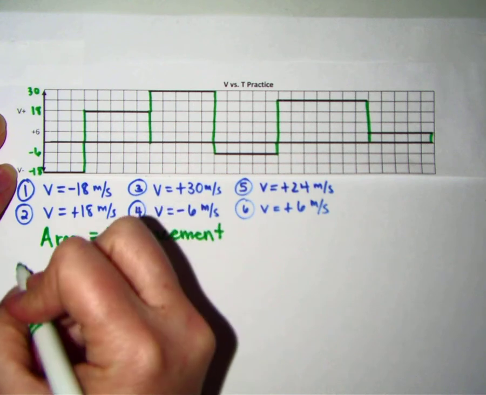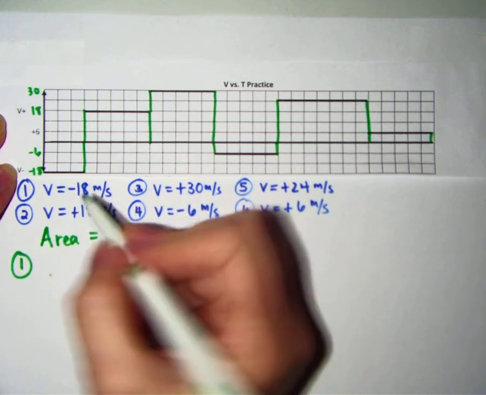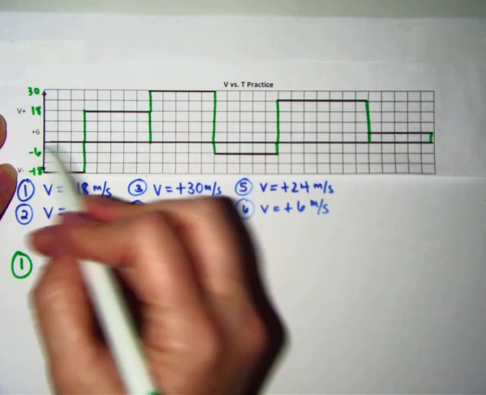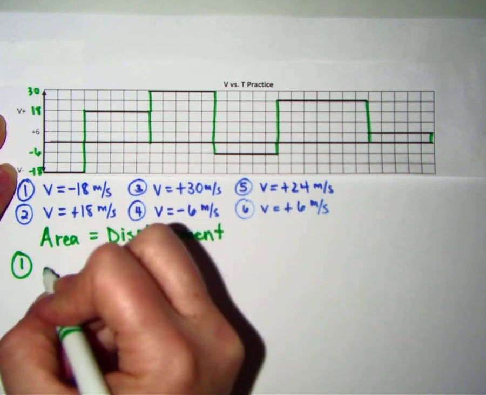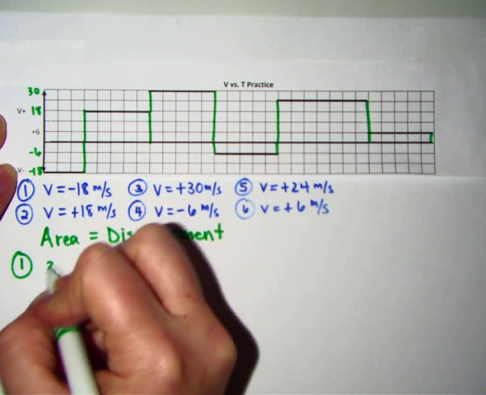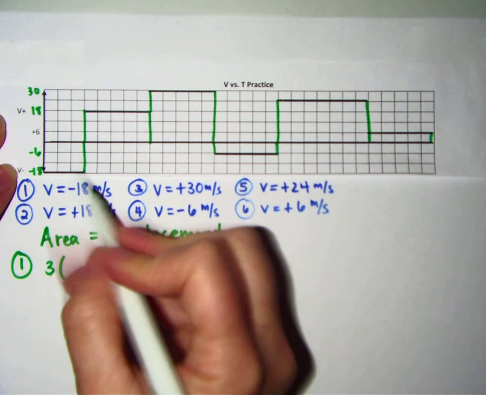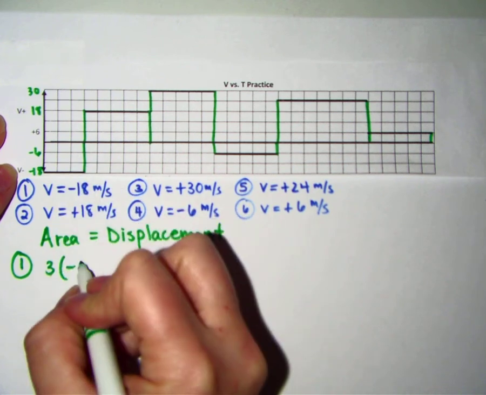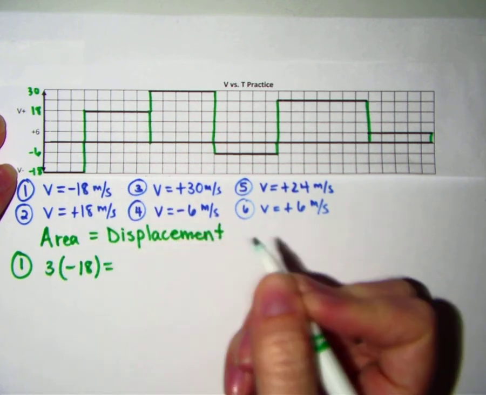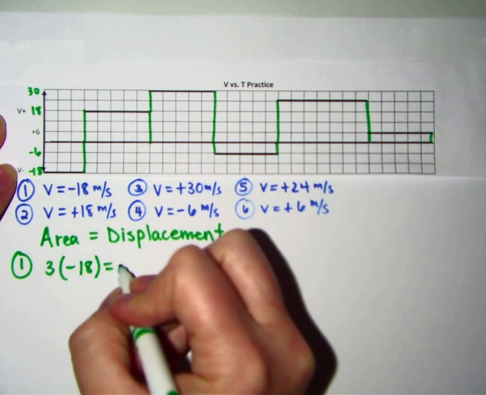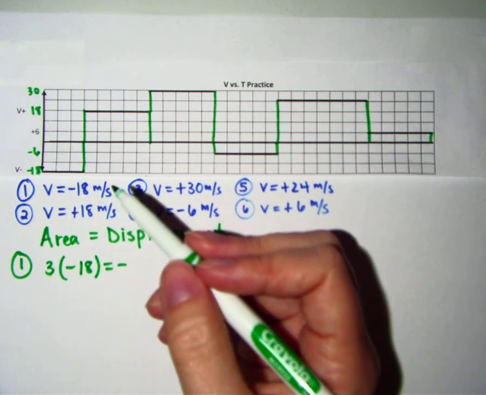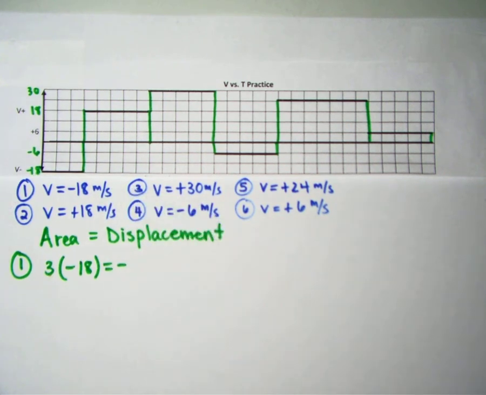So, area of the first segment, we're going to take the base, which is the time, which is 3 seconds, and multiply it by the velocity, which is the height, which we already know because we wrote them all down. Now, in order to be accurate, you must leave the direction, because displacements have a direction. They are vectors.